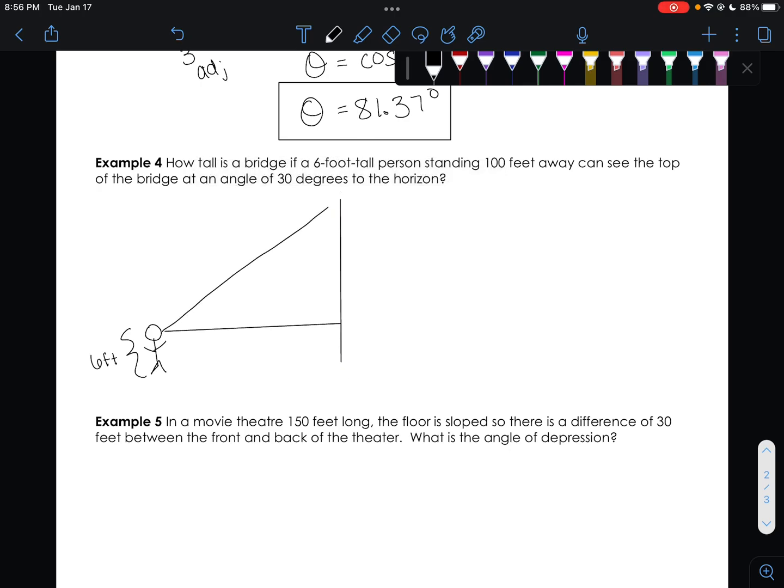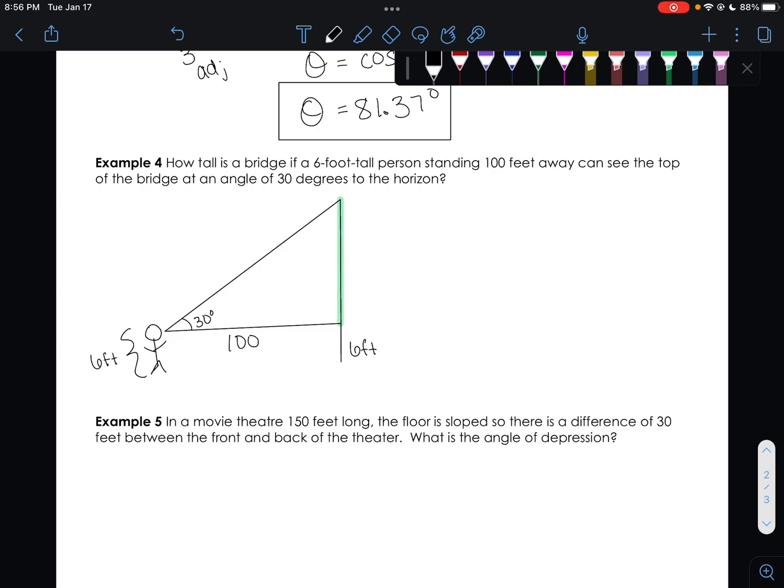Okay, so we see this little triangle right here. It says that the angle is 30 degrees to the horizon, so that would be this right here. And he is standing 100 feet away. What we want to know is how tall the actual bridge is. Well, first, we have to find this piece right here, and we have to add the 6 feet after we find that piece to take into account how tall the person is.